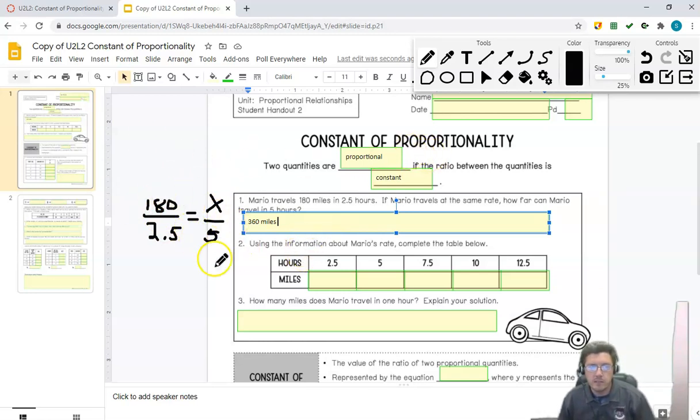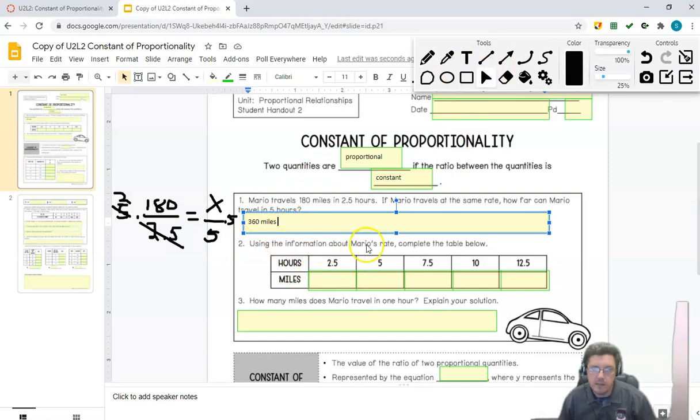So we could have used this model and we could have done 180 divided by 2.5. And then to get rid of this divide by 5, well, multiply, because the opposite of division is multiplication. So if we multiply by 5 here, that's the same, and we do that on both sides. These cancel and get 2, and we get 2 times 180, which is our 360.